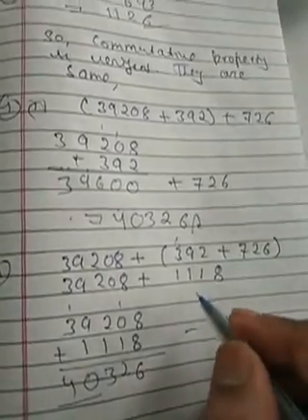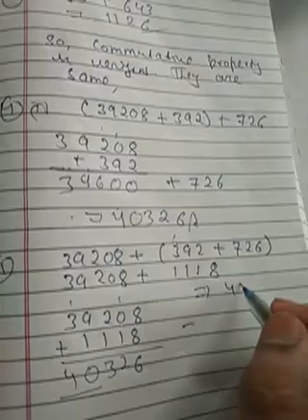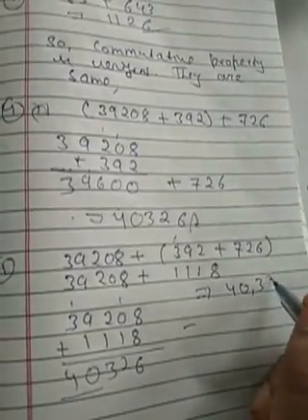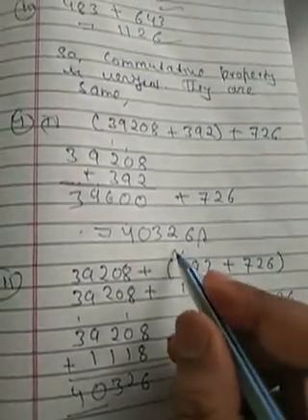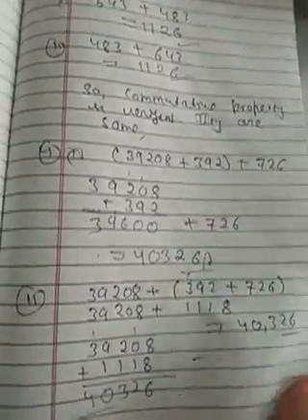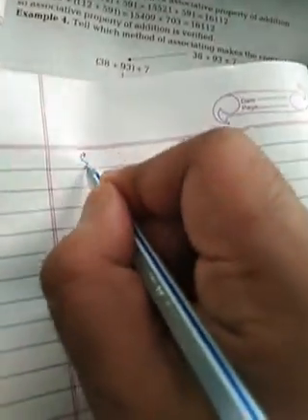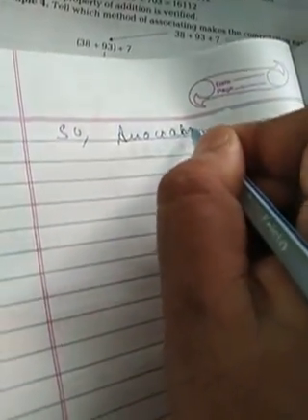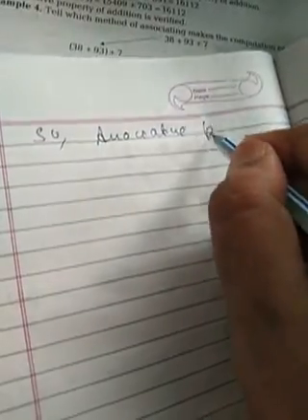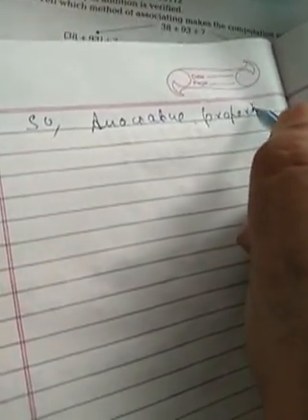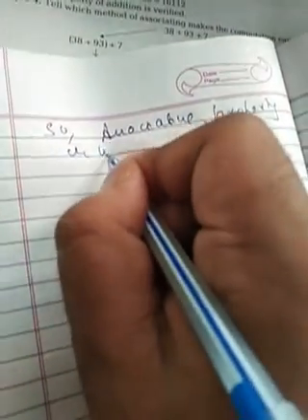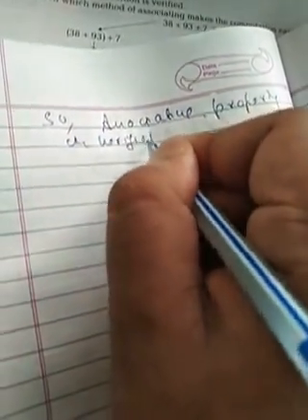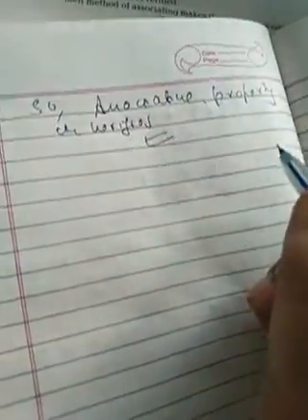So this will become 40,326. Now this term and this term are equal. So we can say here associative property is verified. This is the answer.